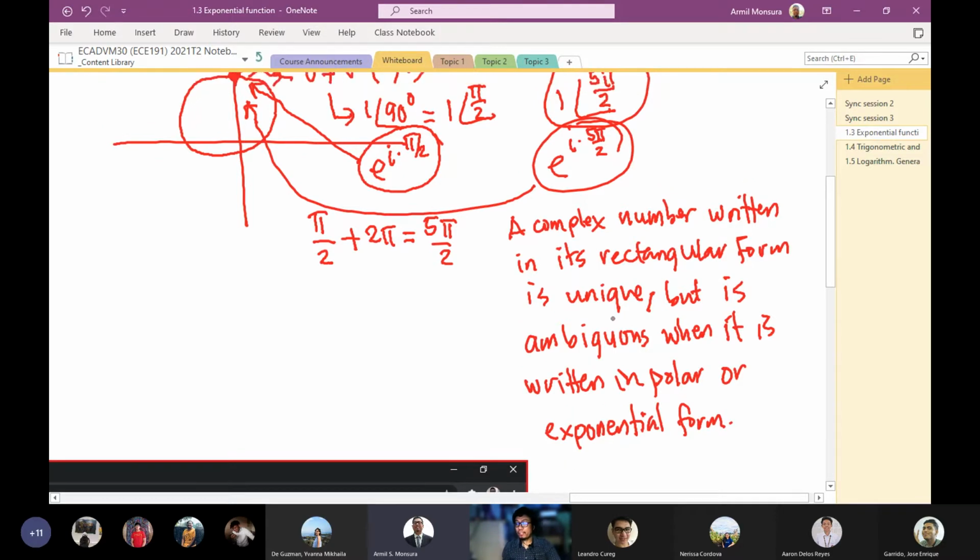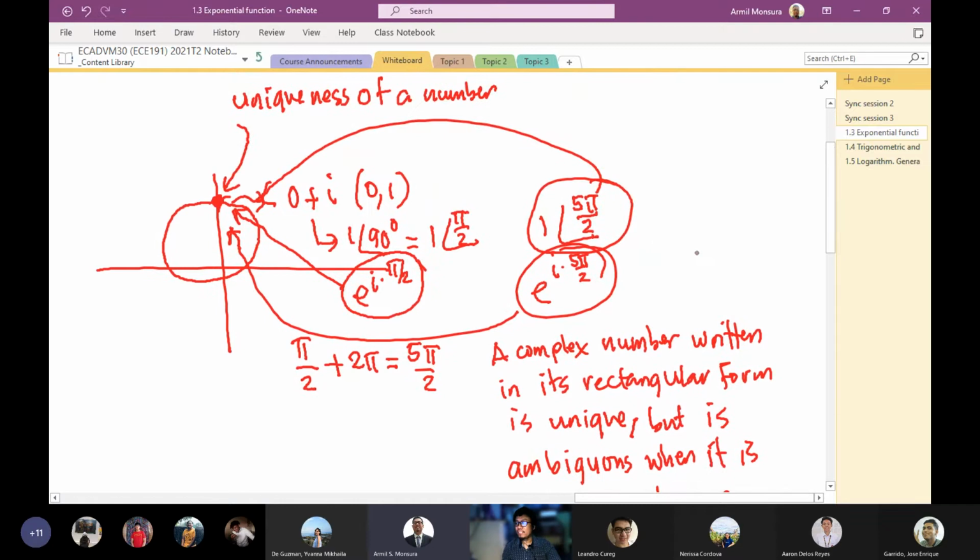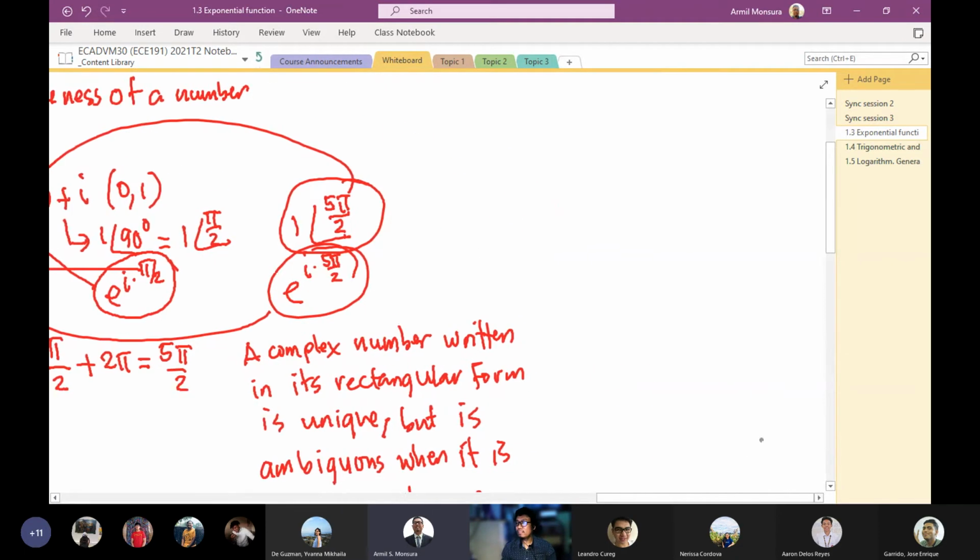So that means yung number na 0 plus i can be written as e raised to i pi over 2, or e raised to i 5 pi over 2, or e raised to i times yung 5 pi over 2, dagdagan pa natin ng 2 pi.